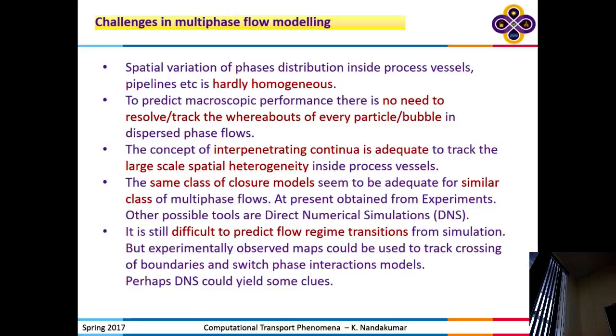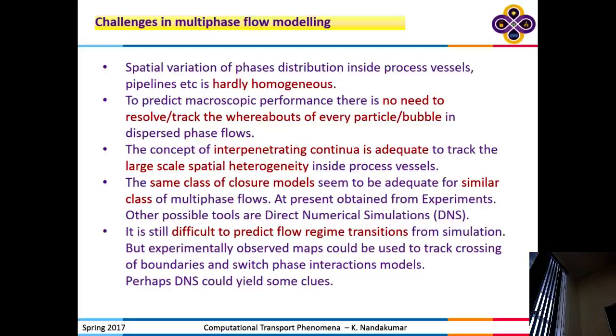So to know that, I don't need to know where every droplet or where every bubble is, because there are literally millions of them, billions of them, right? So I need to develop a scheme where I smooth out, filter out information on the dispersed phase scale, but capture that information in the form of what we call a closure relationship. We will understand what it is later on more precisely. So that's where we introduce this concept of so-called interpenetrating continua, and I will illustrate through a figure what that interpenetrating continua is.